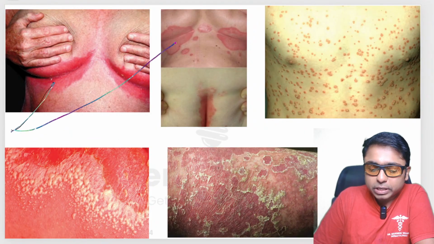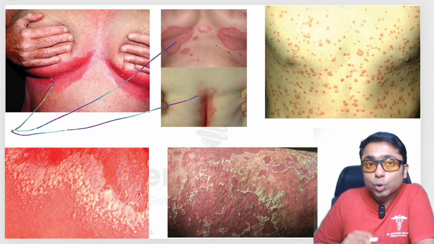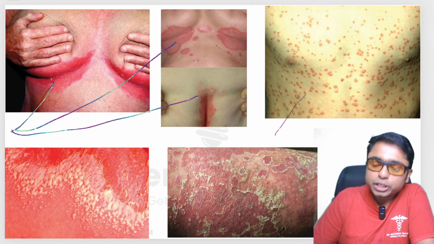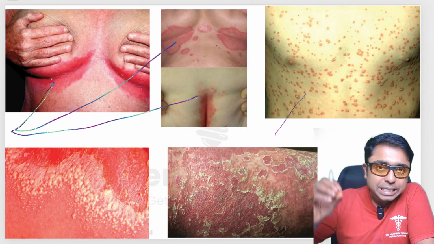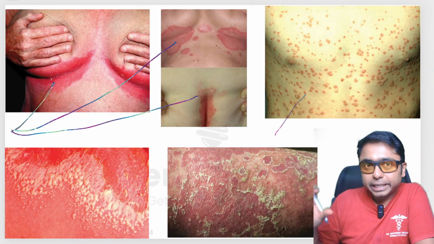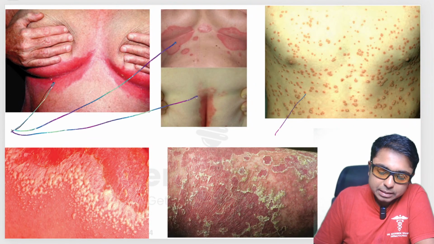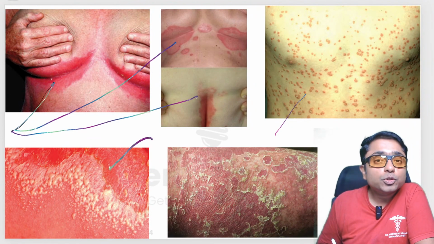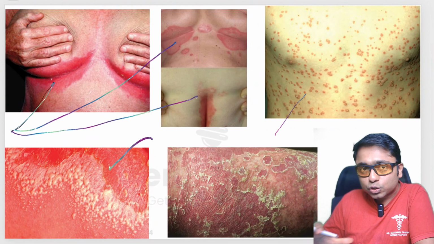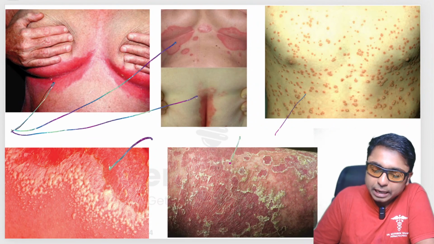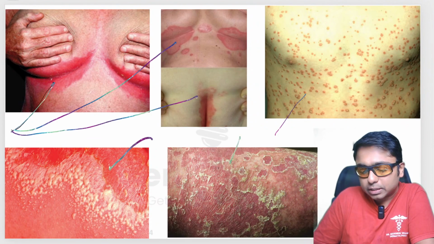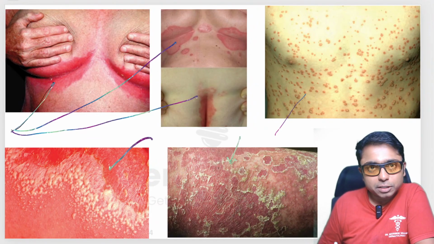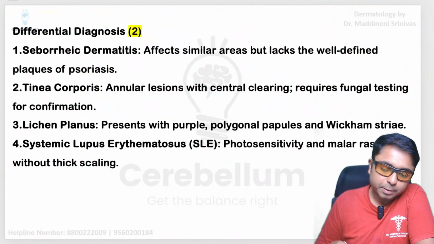So these are some of the other pictures where you are able to see there is no scaling present. And this is a patient of guttate psoriasis where you are able to see raindrop like lesions which are present over the body. And this is a patient of the pustular psoriasis where there are lakes of pus which are present. And this is a patient of erythrodermic psoriasis where you are able to see erythema and scaling which is present over more than 90% of the body surface area.